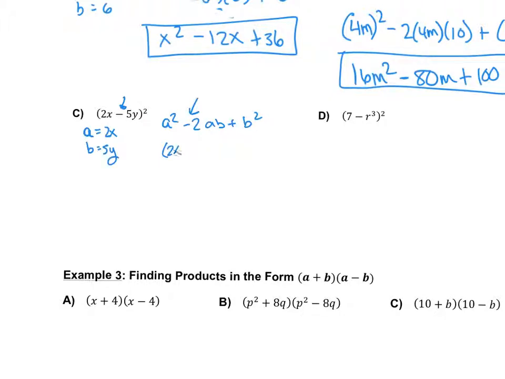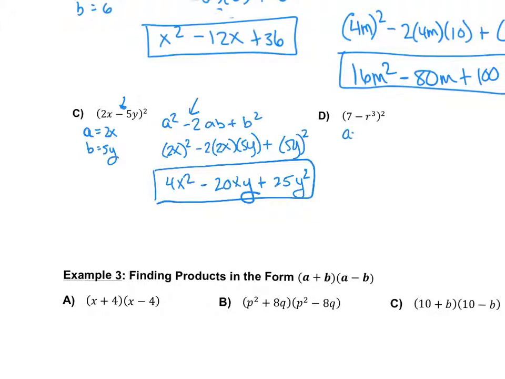Okay, back to what I'm doing. 2x squared minus 2 times 2x, 5y, plus 5y squared. 4x squared minus 2 times 2 is 4 times 5 is 20xy. Multiply the coefficients, keep the bases. Normally add the exponents, but there weren't any, so plus 25y squared.